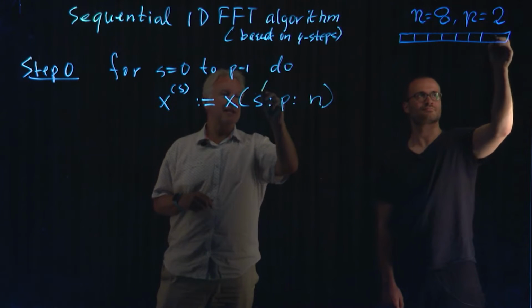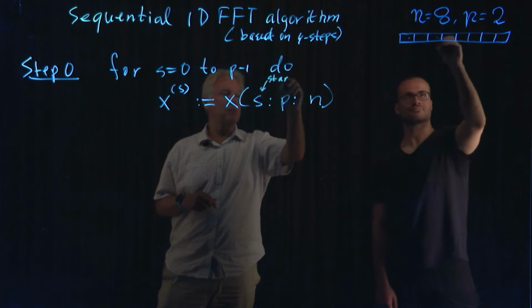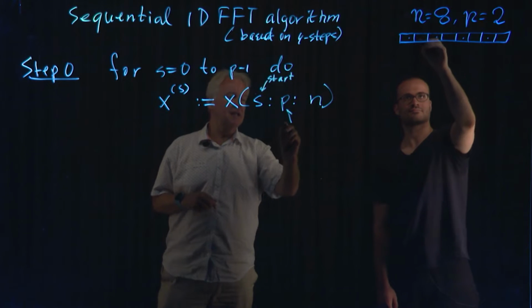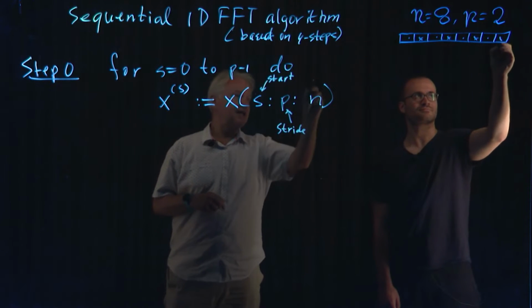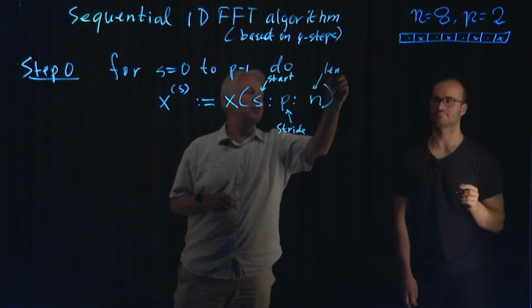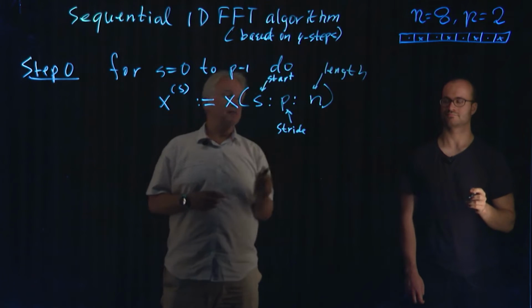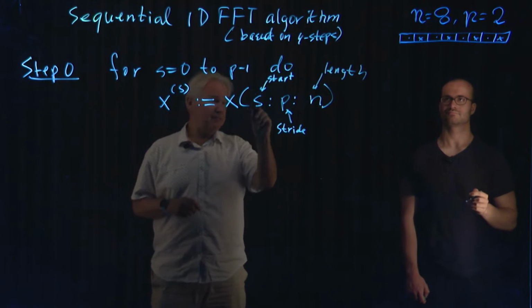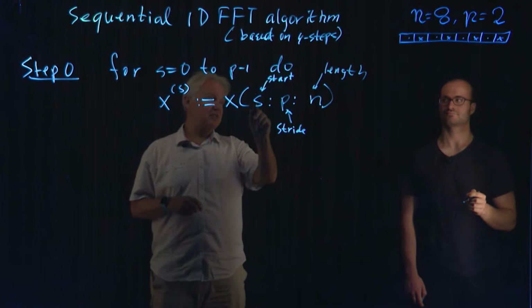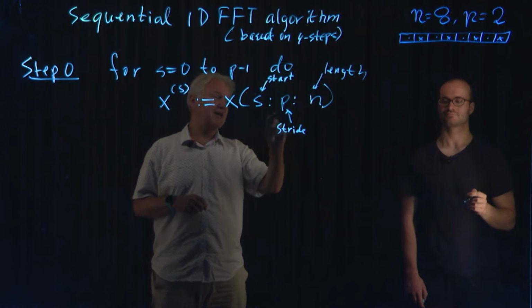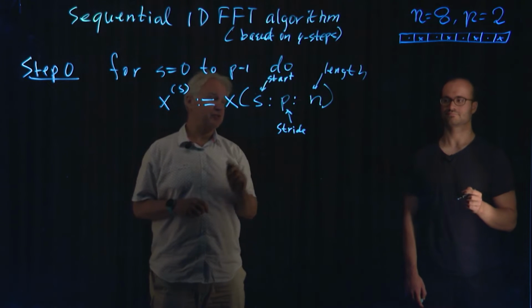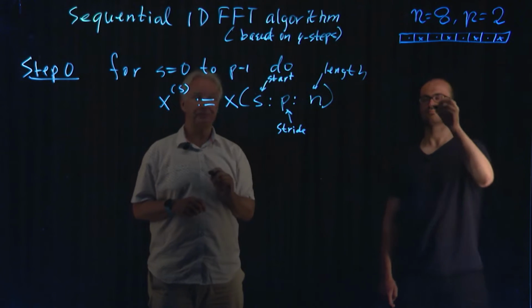So the s is the start, p is the stride, and n is the length. And we then pick out xs, xs plus p, xs plus 2p, etc. from this array x of length n. So that's also the notation.